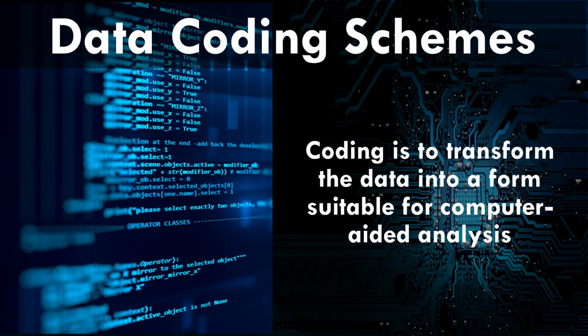Basically, data coding schemes can be defined as transforming the logical data that we see, let's say the balances or the names of the customers and so on, into physically suitable data that the computer can read. This is what we call a physical view of the data, and normally it is based on the available programming languages like C, C++, Java or Python.